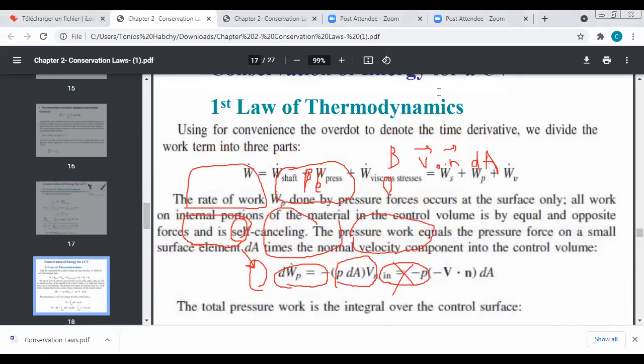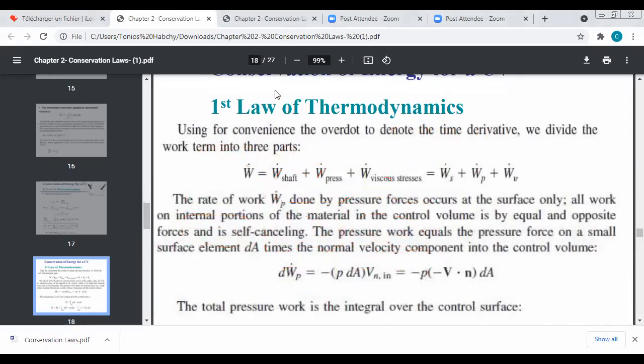So now, let us analyze a very important component, which is the work of pressure forces. We will see that this term can be combined with the integral over the control surface. We'll see how. If you recall, when we talk about the rate of work of pressure forces, we have seen together that the rate of work is a power, and power is force times velocity.